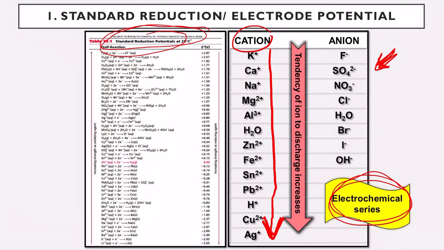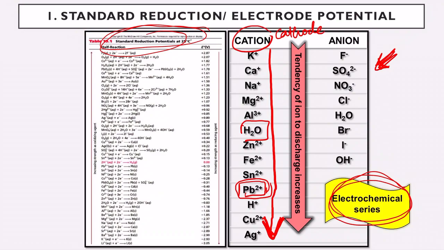Okay, so maksudnya contoh, if you have Pb2 plus and water, so between those two at your cathode, then you will pick the one lower. That means Pb2 plus will be discharged at your cathode lah.